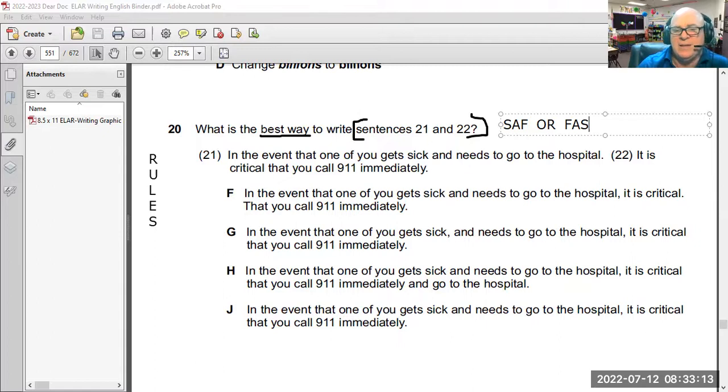And when you look at the answer choices down below, apparently there is something wrong with one of those two sentences. So let's see how we can fix it. We have 2 consecutive, and if you notice on editing and revising, they do pay close attention to this right here.